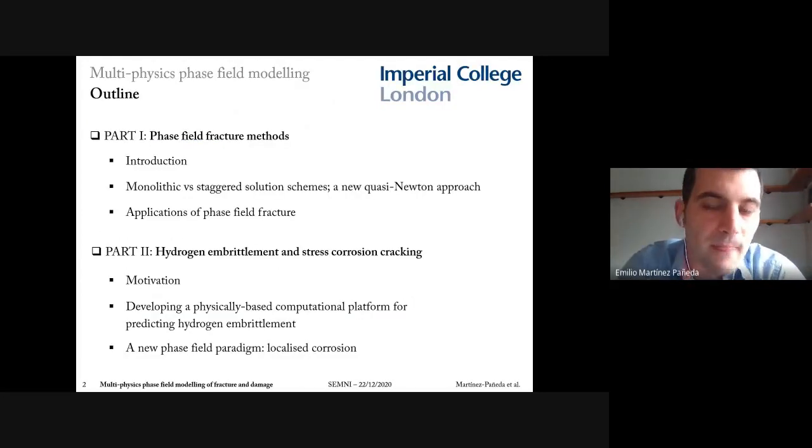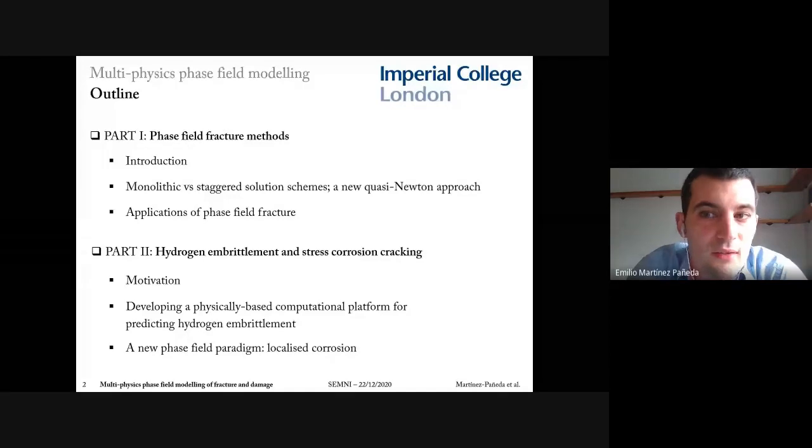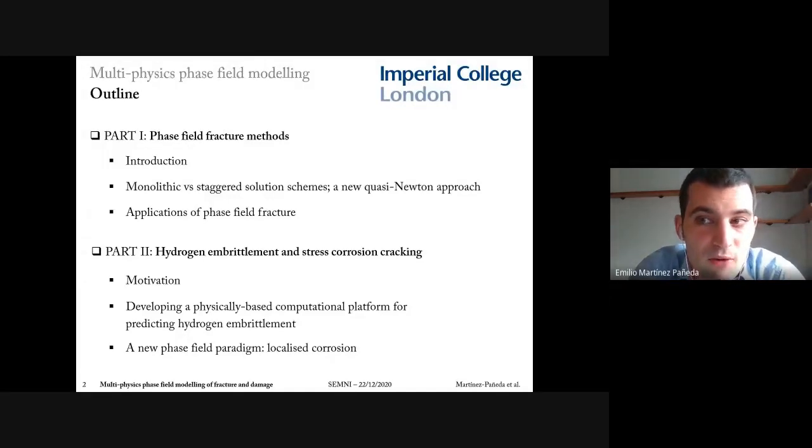So moving on, I will divide my talk into two parts, essentially. First, I will describe the phase field concept and its application to fracture, discussing at a high level the underlying equations and the implementation details, and showcasing some of the pioneering applications and developments that we've been involved in.